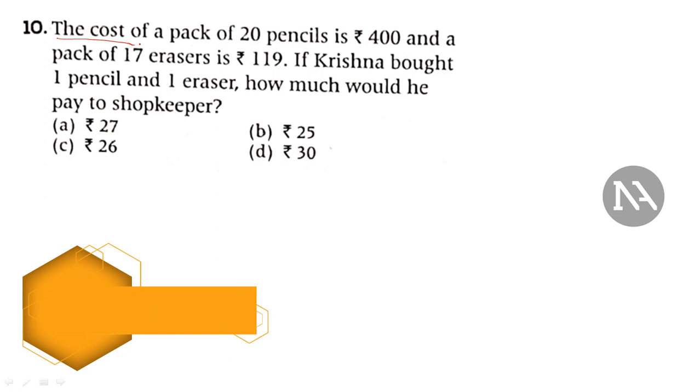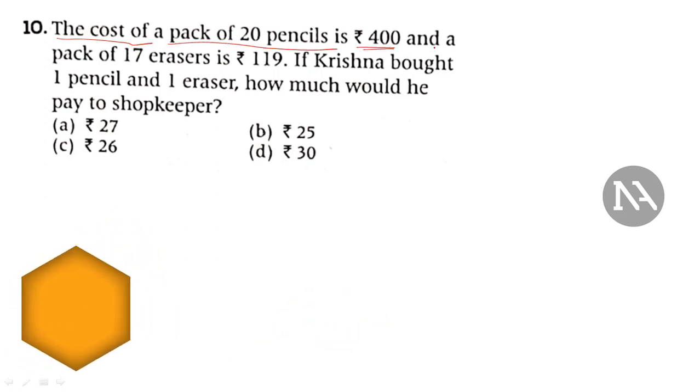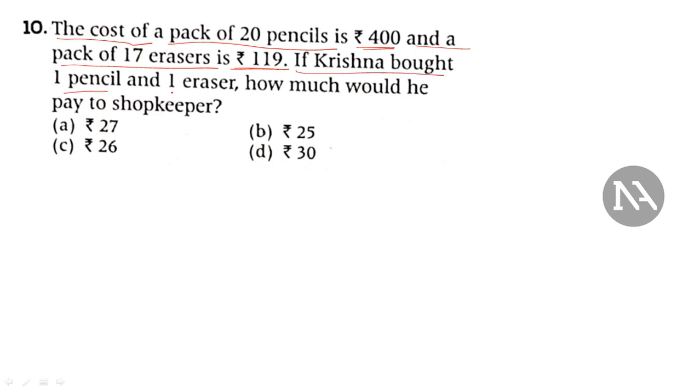This is the final question. The cost of a pack of 20 pencils is 400 and a pack of 17 erasers is 119. If Krishna bought one pencil and one eraser, how much would he pay to the shopkeeper?